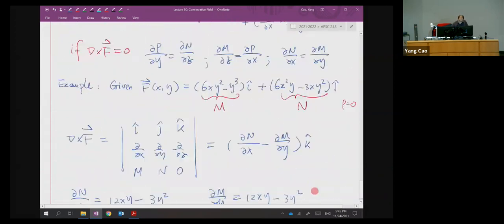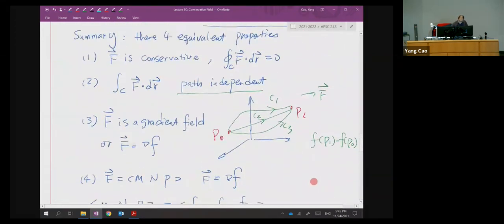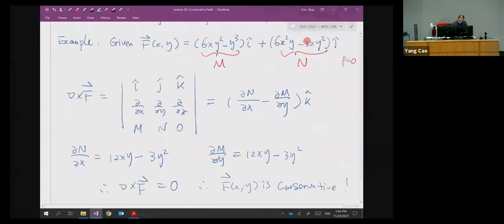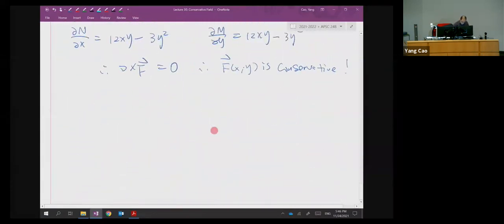So remember the second question, right? Second question: if F is conservative, then how do I find a potential function small f so that its gradient gives me back this conservative field? Let me show you how to do that.